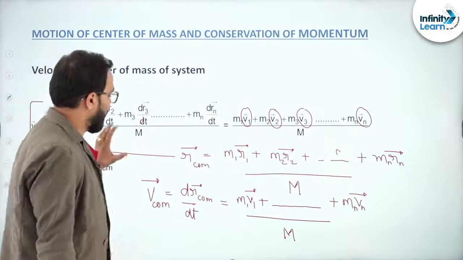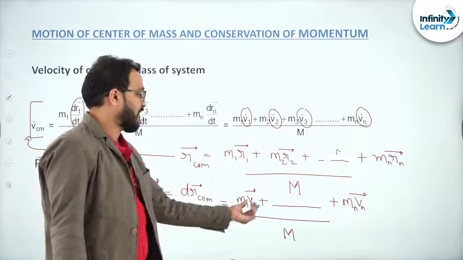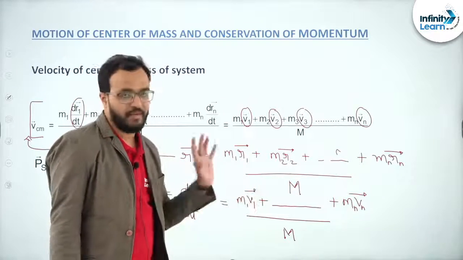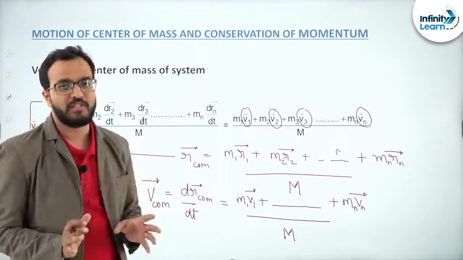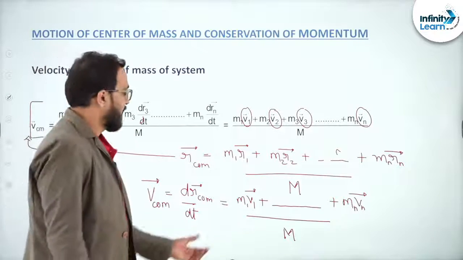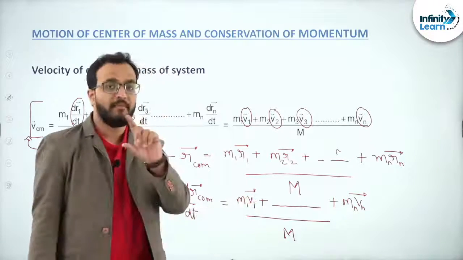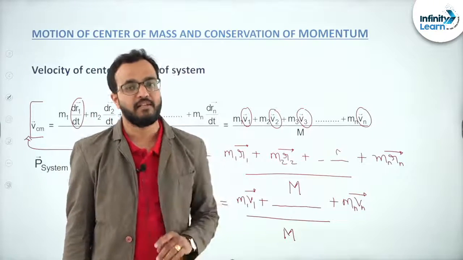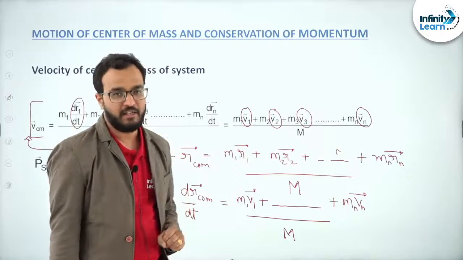Okay, so this is how we represent the velocity of center of mass: m1 v1 plus m2 v2 up till mn vn upon M. Now one thing you might understand here, it's a very small concept but still you can understand it, that m1 v1 is actually the momentum of the first particle, m2 v2 is the momentum of the second particle.